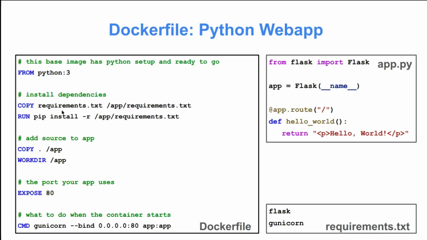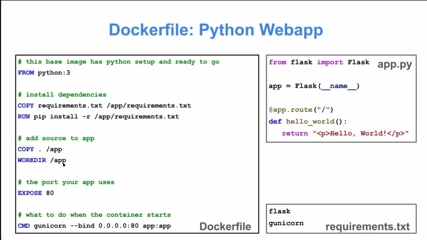COPY is just taking some file from our system and putting it in the Docker container to be packaged. RUN will actually execute a command in the Docker container, not on our system, in the Docker container. So this effectively installs all the dependencies in the Docker container.